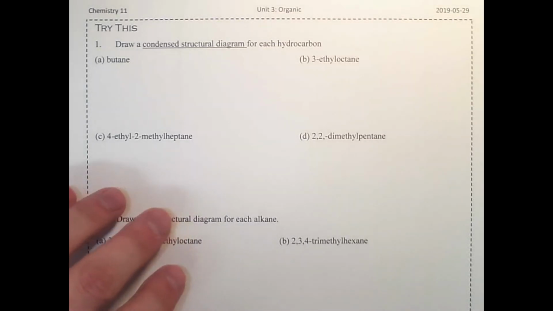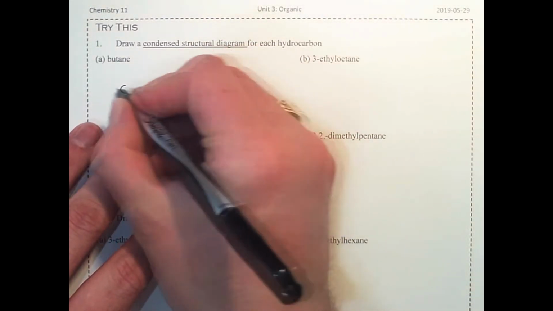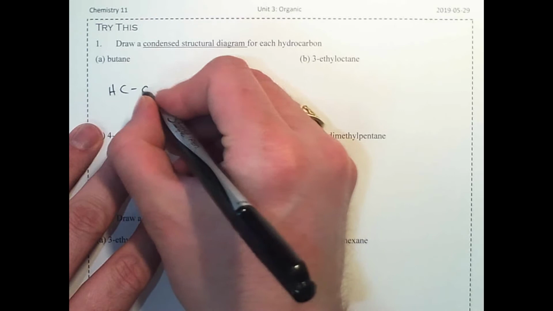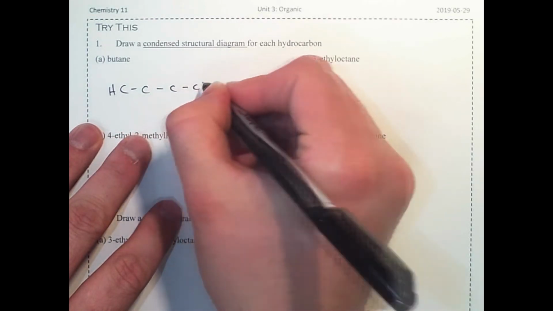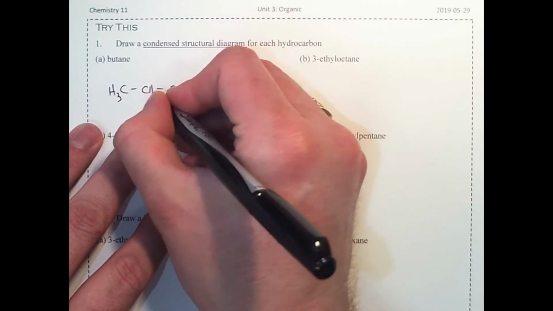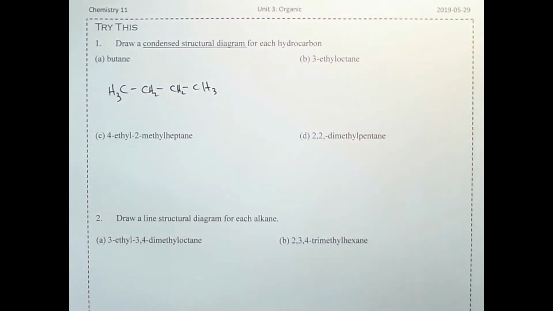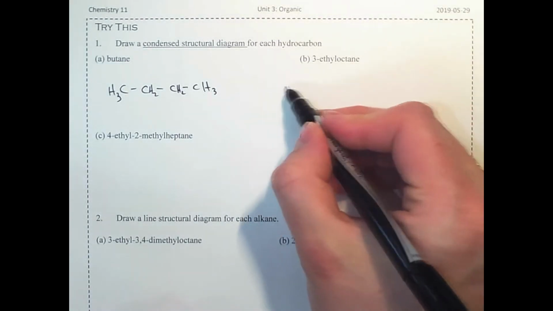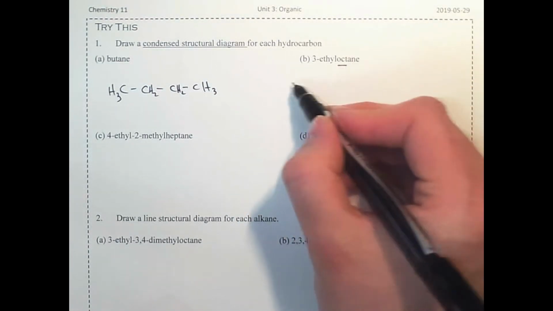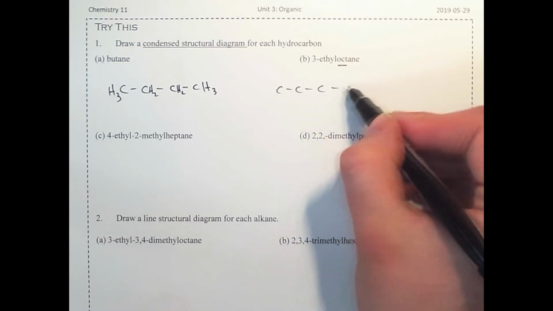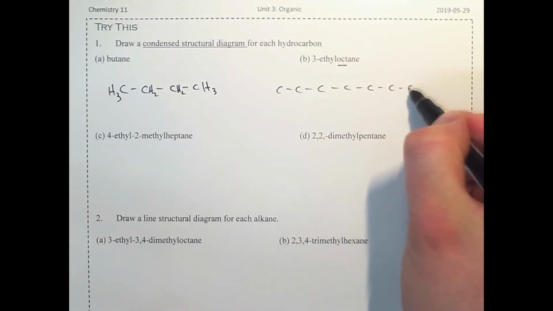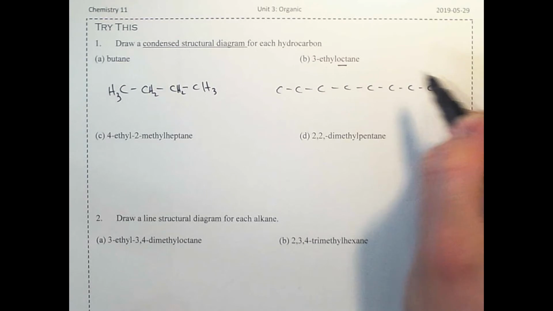So with butane, that's 4 carbons, so, sorry, I should do it the same way, C, 4 carbons, fill it in, that's butane. 3-ethyloctane, so oct is 8 carbons, so 1, 2, 3, 4, 5, 6, 7, 8.